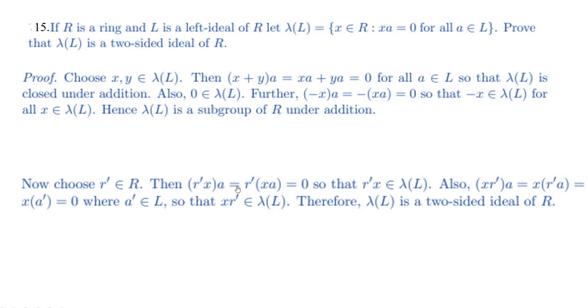So we have considered this, and this is nothing but R prime into xa, but x is a member of lambda of L, which means xa is 0. That is why this R prime xa, by associativity, gives us R prime into 0, and that is 0. So this is a member of this.